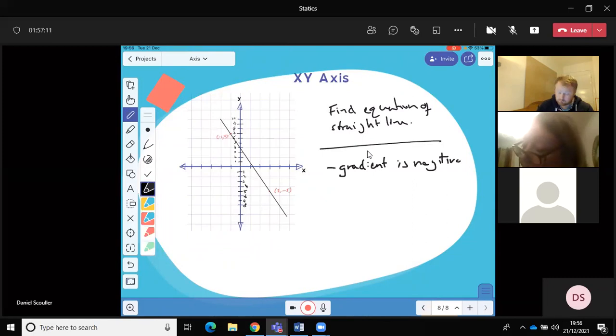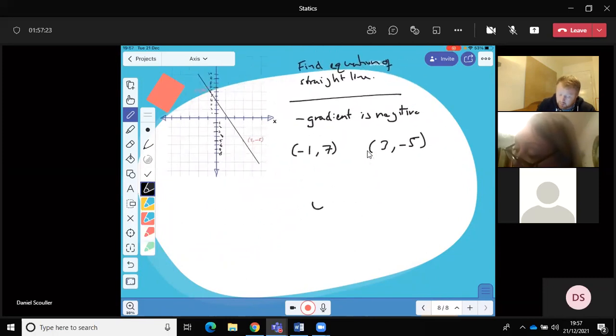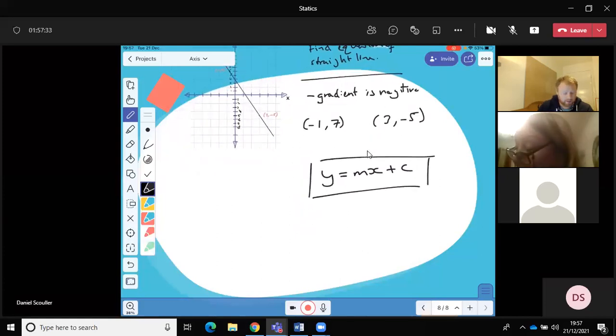We've got 2 points, -1, 7, and 3, -5. And we're looking to be left with y equals mx plus c. That's the format that we want to leave it in to find the equation of a straight line. First thing we want to do is gradient. m equals the change in y.